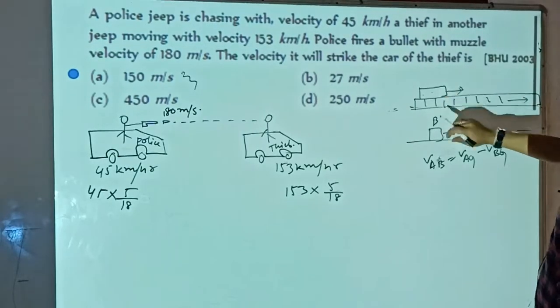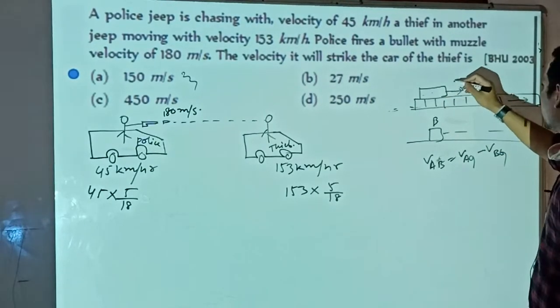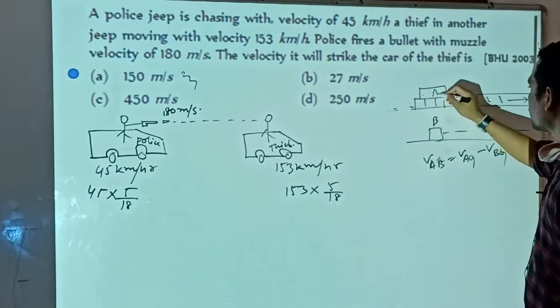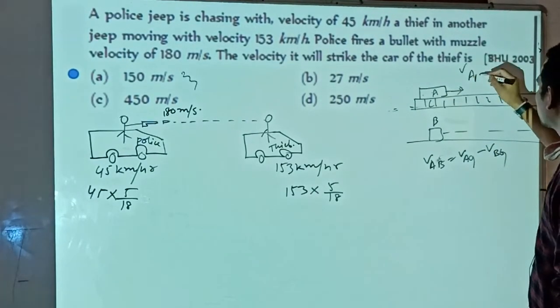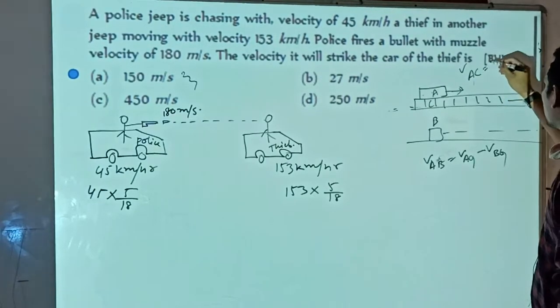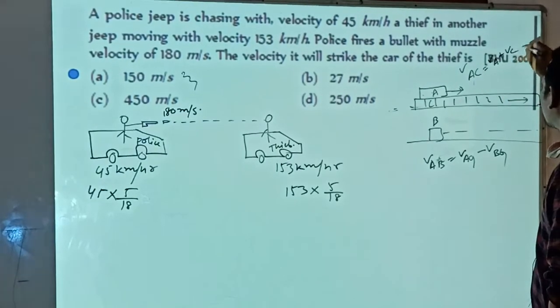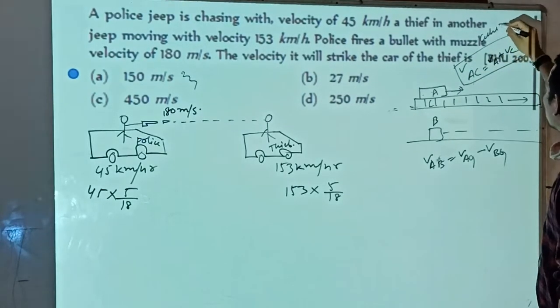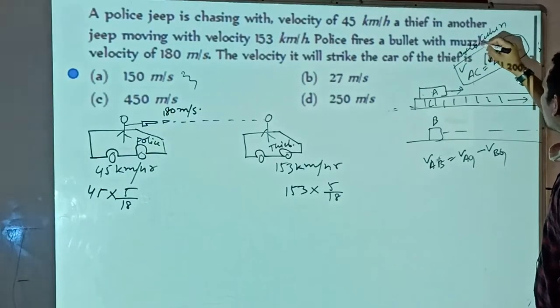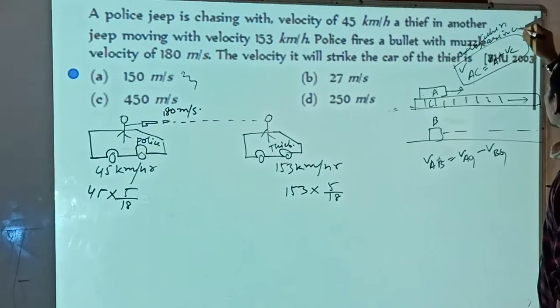Suppose this is A, this is C, so relative velocity of A with respect to C will be relative velocity of A plus relative velocity of C, that is only for when the bodies are in contact.